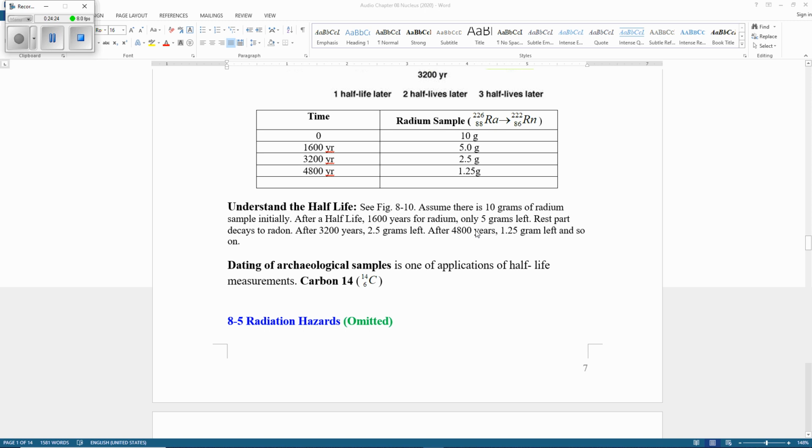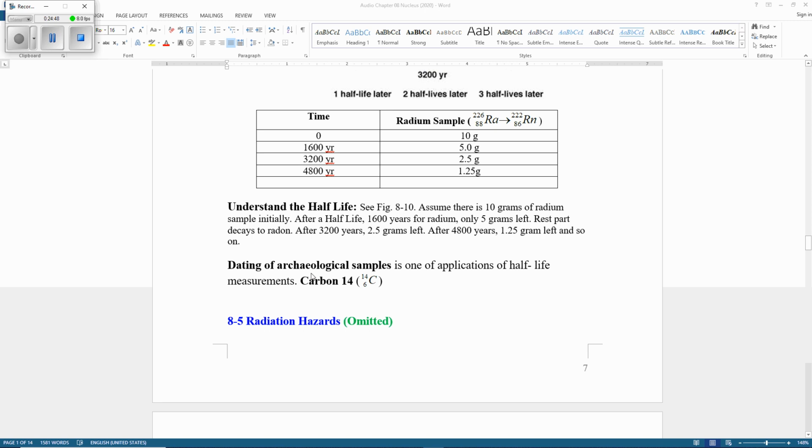We have many applications for half-life, for example, dating of samples. Suppose you find fossils. You can measure the carbon-14, because after the animal died, the decay starts.